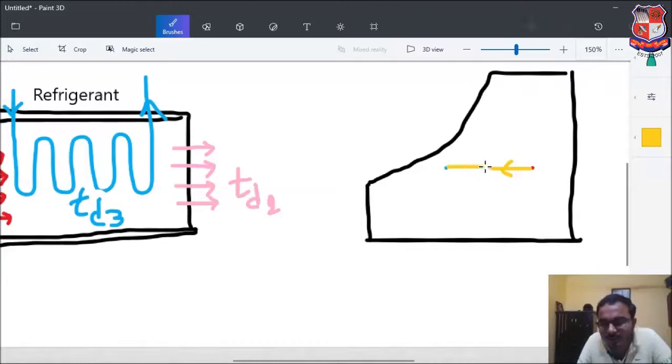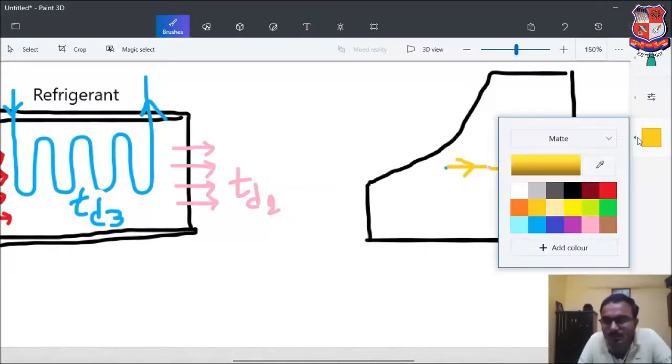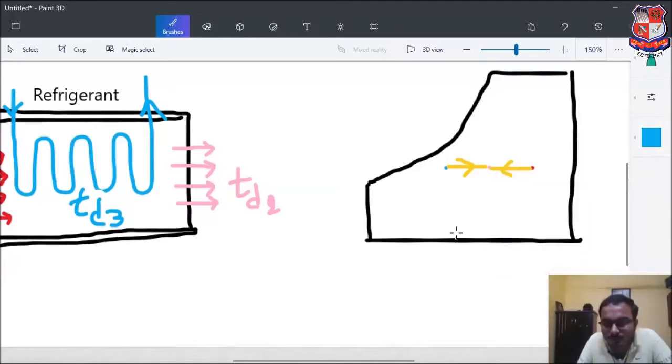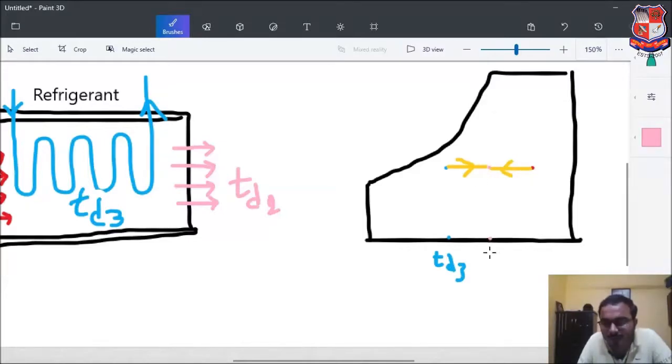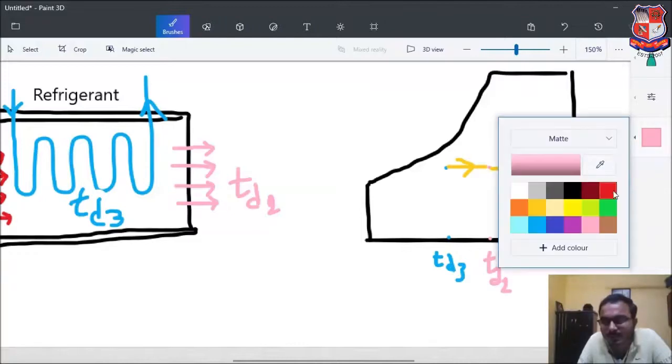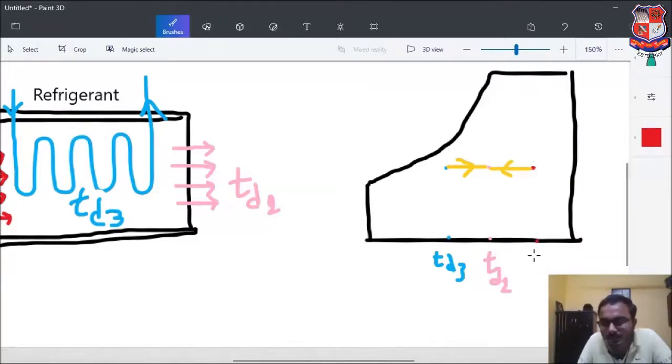This temperature is TD3. This in-between temperature, which is the final temperature of air, is TD2, and the initial temperature is TD1.